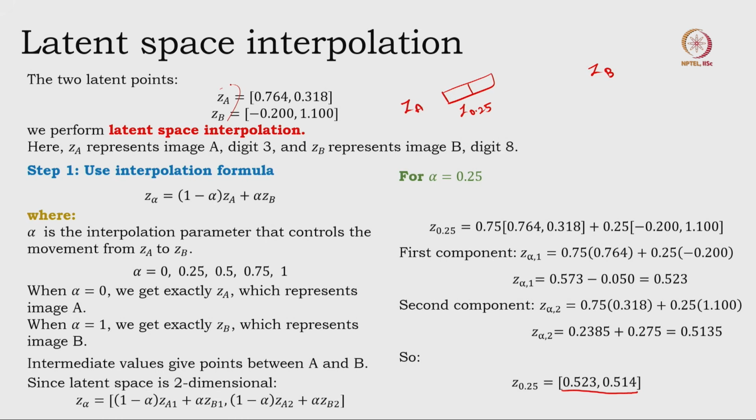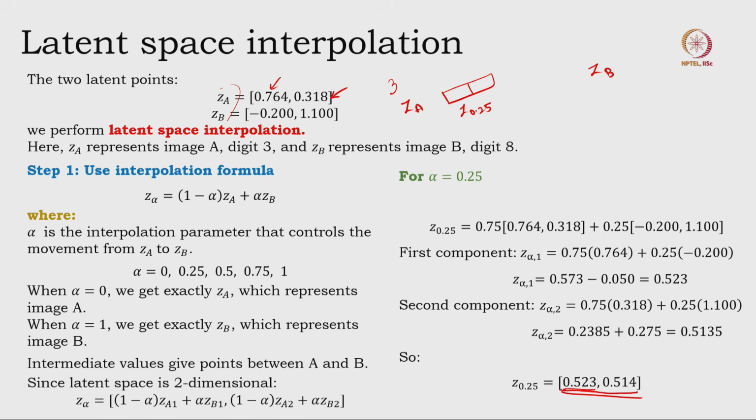Can you see it is slightly matching? It is very much closer to ZA. I am not saying exactly, but it is closer, which means if ZA is 3, the next one will be very close to 3, but not exactly 3. Look at this ZA and this value: the second term is a little higher and the first one is a little less.